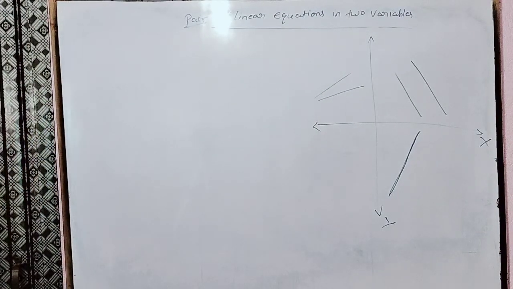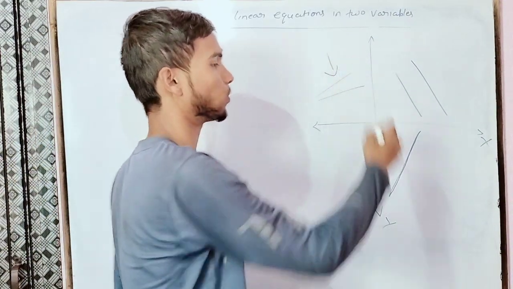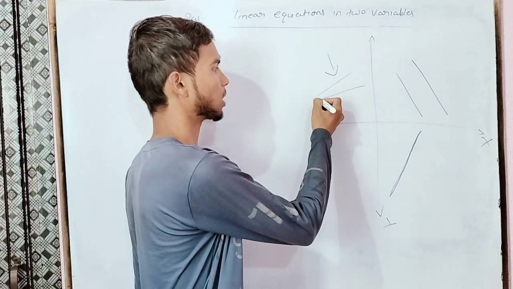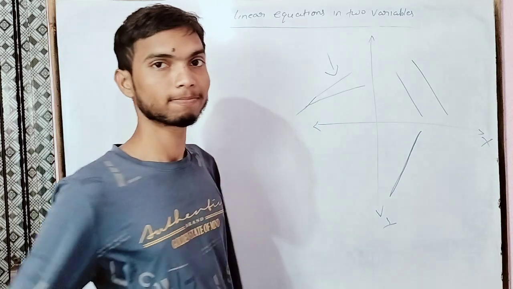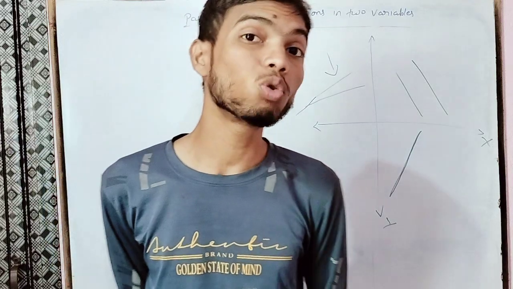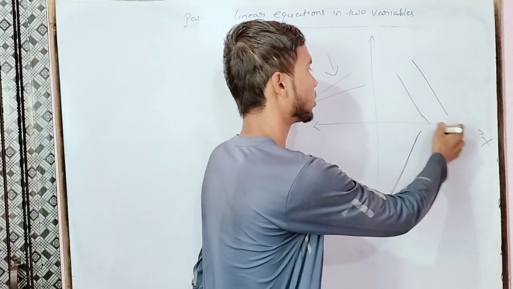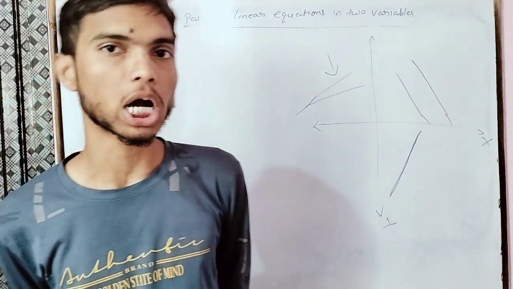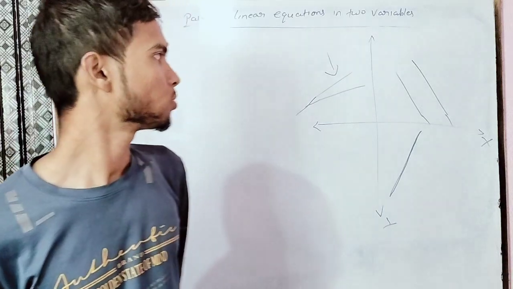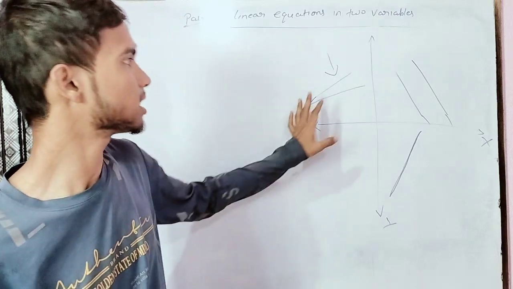After extending, these two lines will intersect each other. After intersecting, you can see. So here these two lines are intersecting, but those two lines will not intersect anyhow, at any time, at any point. So we can say this is a parallel line, but this is not.